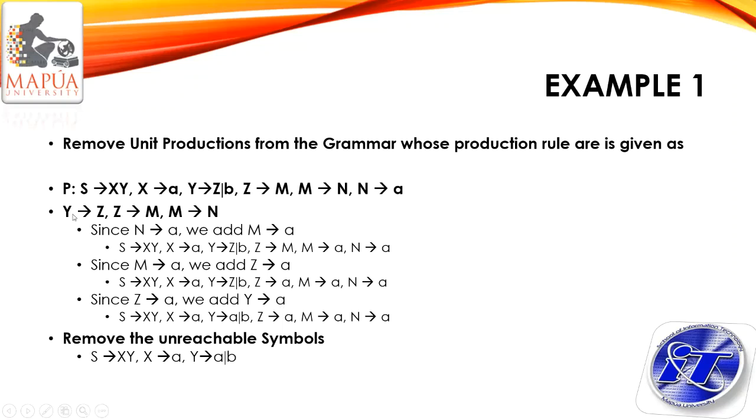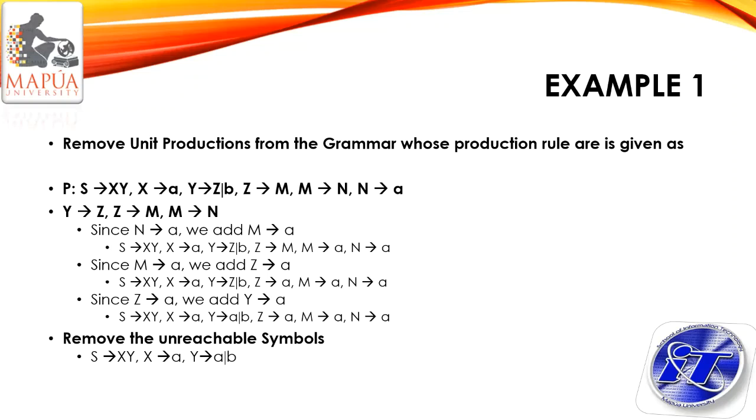So now we have Y yields small a, and it could be included in our grammar to replace Y yields Z. To have a complete rule, include b, so Y yields a or b. Now all unit productions have been removed and replaced by non-terminals yielding terminals.